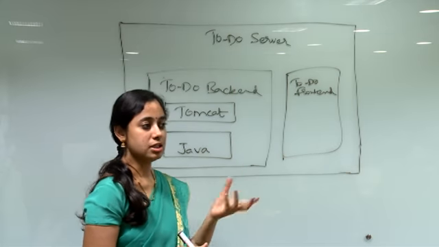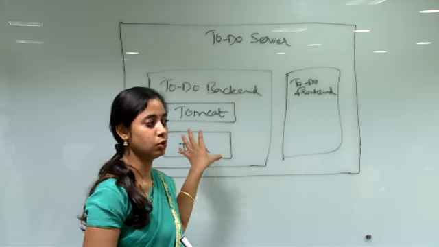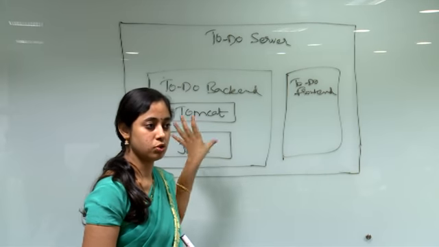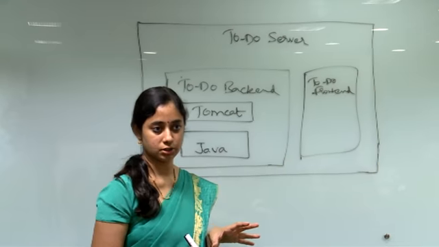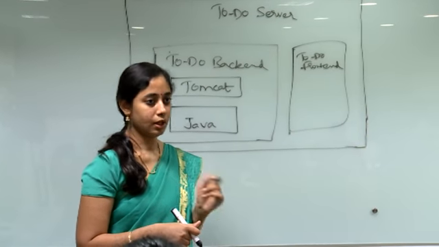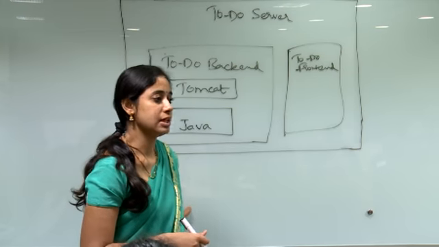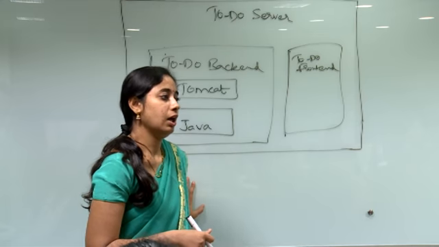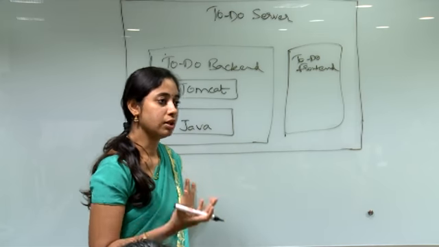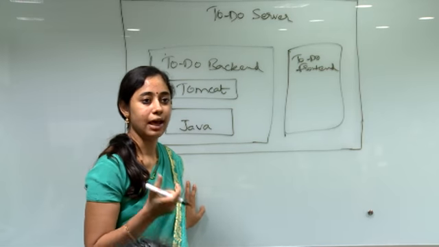And the to-do frontend is a very simple HTML app which is going to consume the web services that to-do backend is going to provide. So to-do backend simply gives RESTful web services to create to-do lists. Okay. To go about it, we'll actually firstly brainstorm on how we want to break down the problem into smaller logical chunks, and then we'll see how Puppet can help us do it.